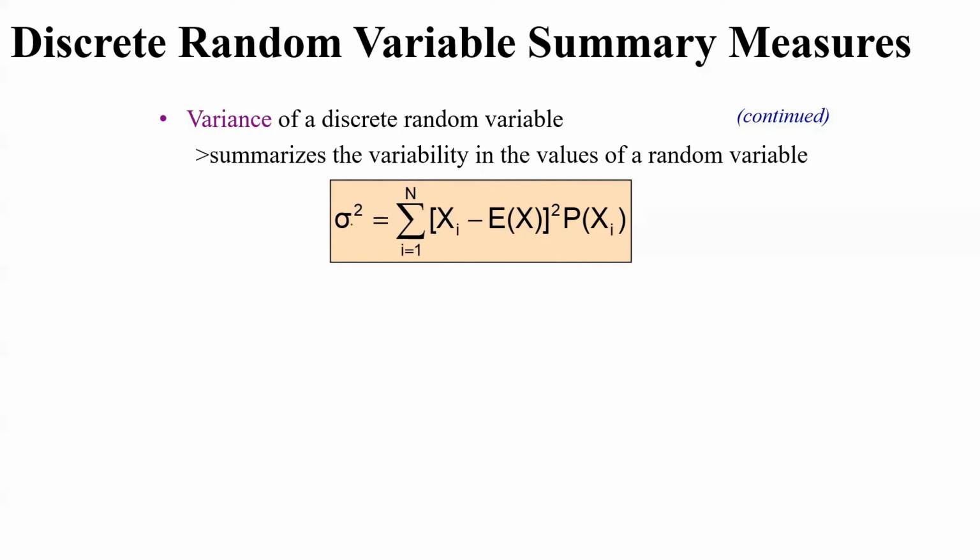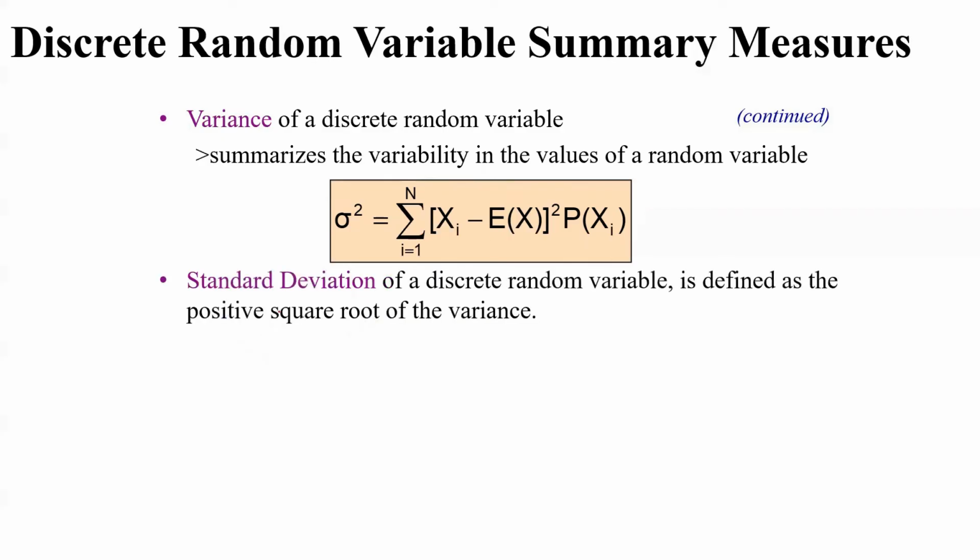The square root of the variance is the standard deviation. So all you need to do is square root the variance and you will get the standard deviation. Do you still remember what the standard deviation means? Yes, of course, it's error. If the deviation is smaller, that means it's a small error.